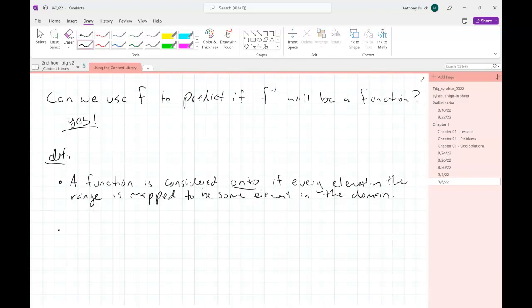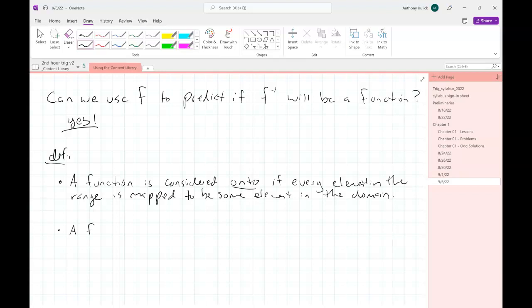So what are we really saying there for something that's onto? All the ranges get used, right? All the y coordinates get used. That's all we're really saying. Everybody okay with that? Okay.